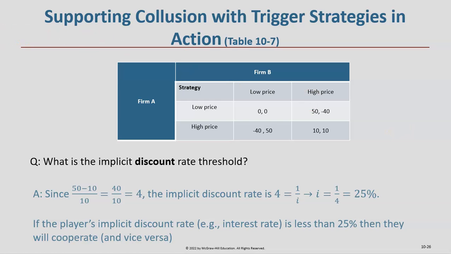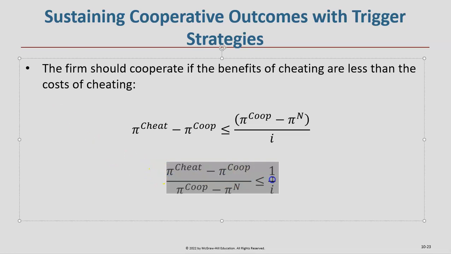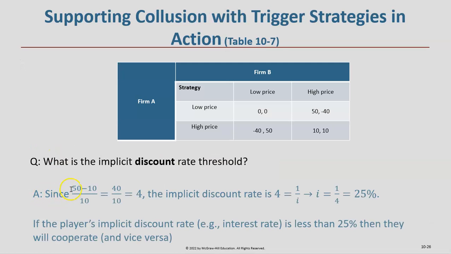Okay, so let's go back to the formula that Baye and Prince give you in the book. Take the benefits of cheating and divide that by the cost of cheating. So the benefits of cheating would be 40, and the cost of cheating would be 10. And that is equal to 4. So the implicit discount rate can be found by setting the ratio of benefits to cost equal to 1 over the interest rate, and then solving that for the interest rate, that's equal to 25%.